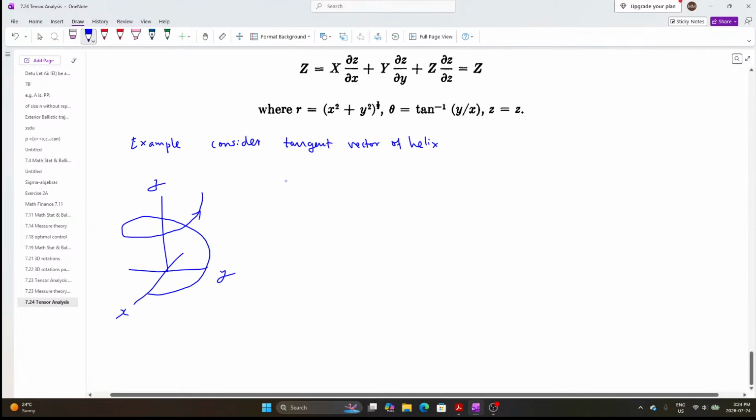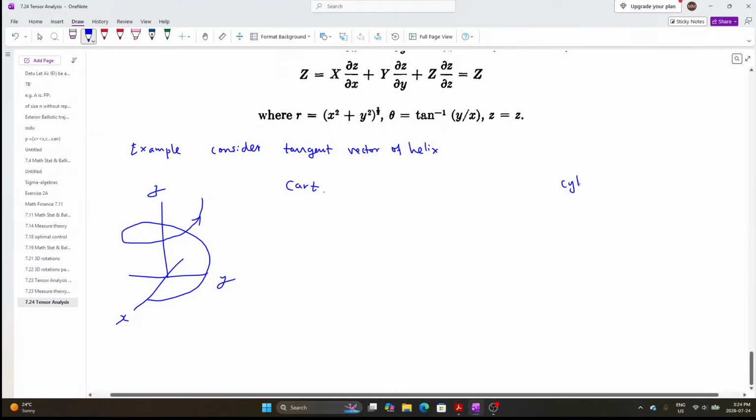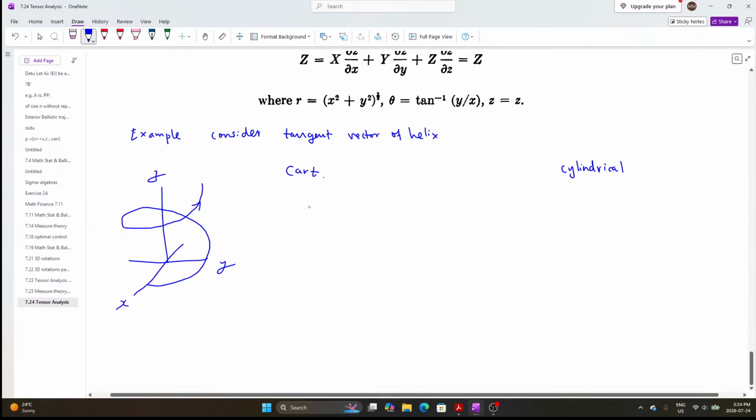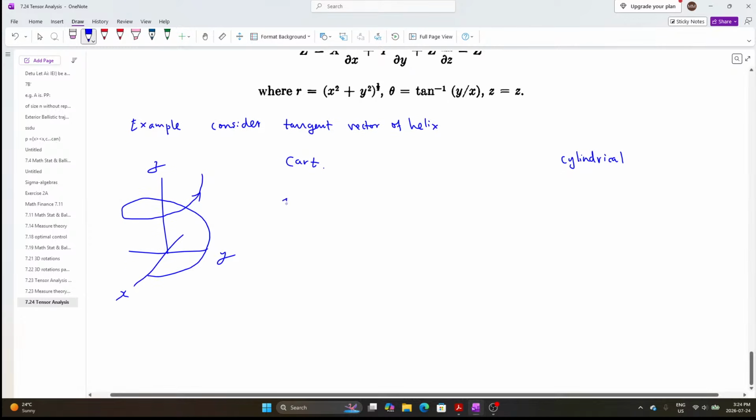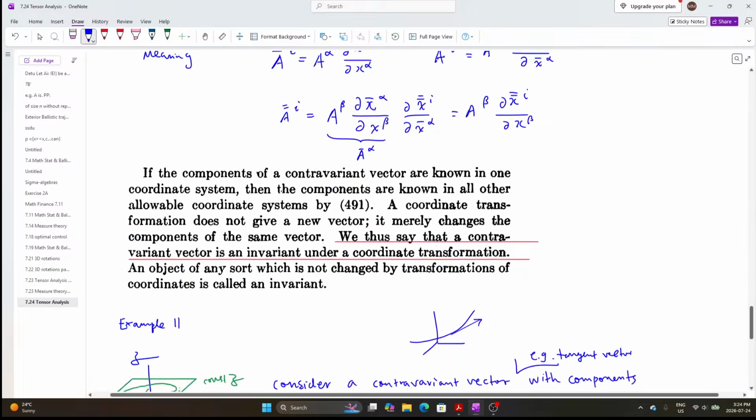So you have Cartesian, polar, not polar but cylindrical. I want to make this crystal clear. So you have Cartesian and cylindrical Jacobians. What else did we do earlier?